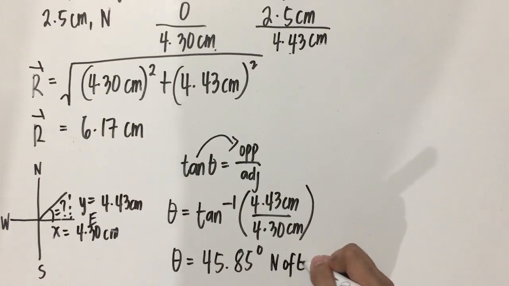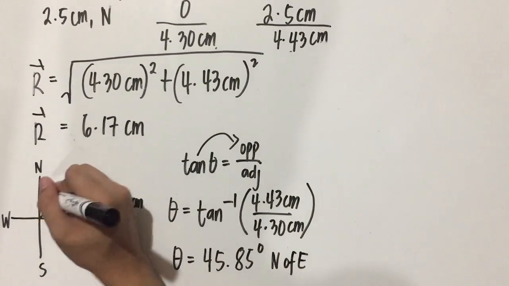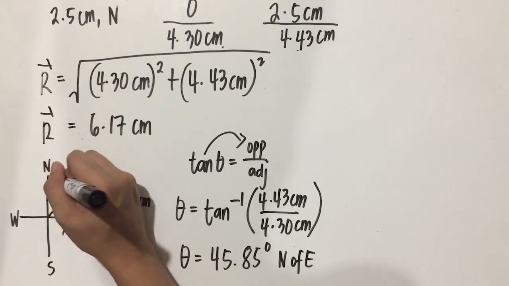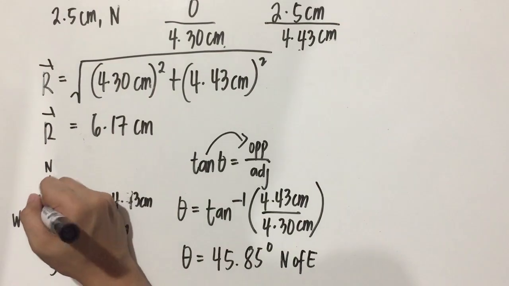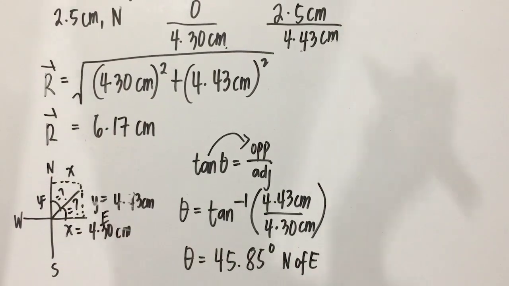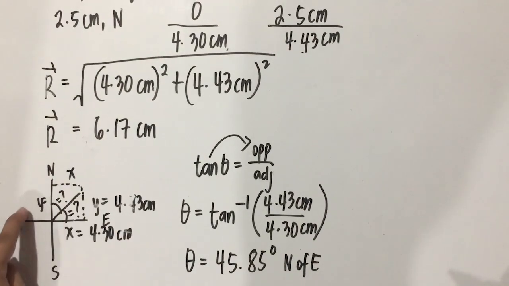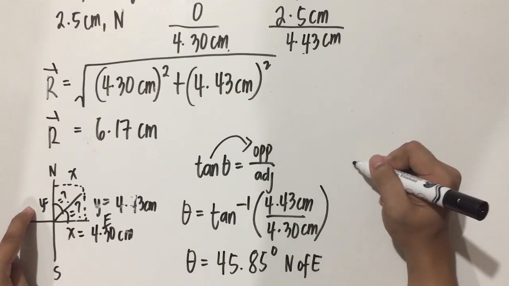And to be more exact, that is found north of east, no, the opening of our angle. We have to also look for the other side because we don't know exactly the position of it, so we can have two answers for the direction. So y and x, that is the same in terms of values.